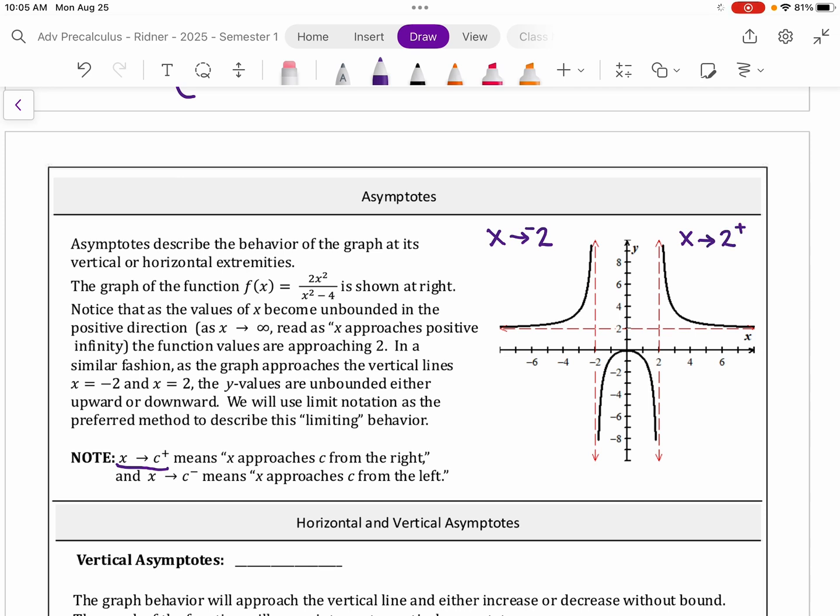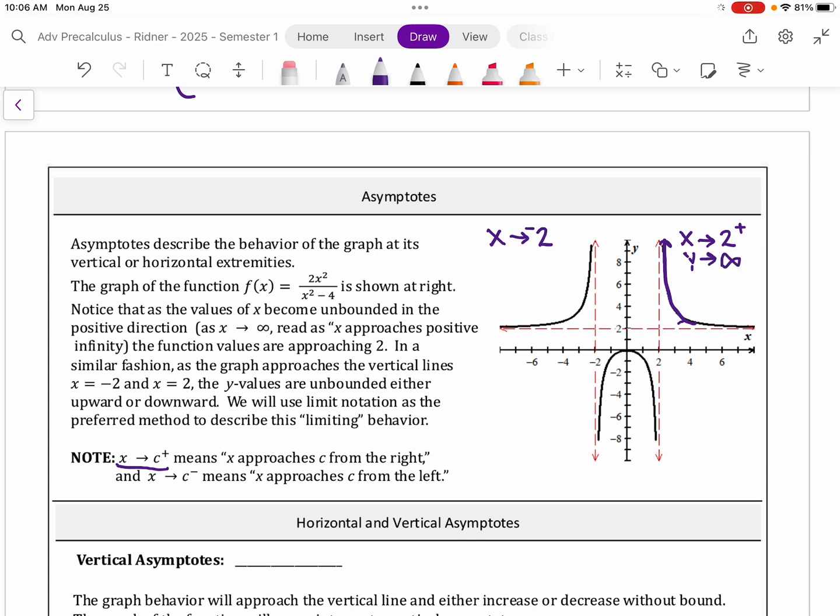So as x is going to 2 from the right side, I start over here and I'm getting close to this line of 2. It's going up, so y goes to infinity.